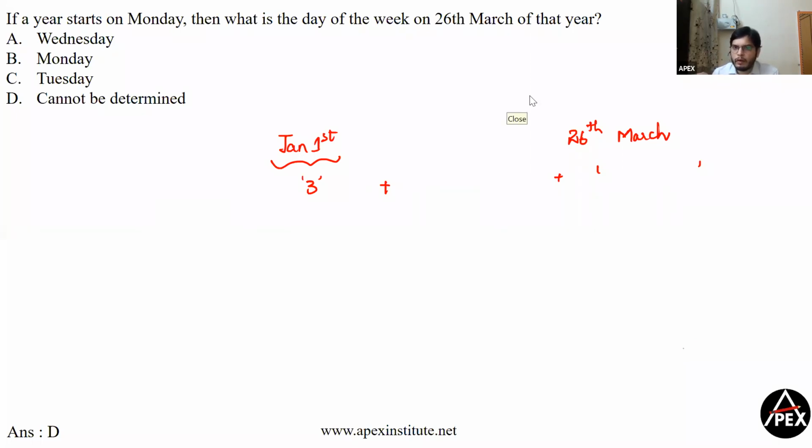What's the remainder when 25 is divided by 7? Remainder is 4. 4 odd days in March, and we have February in between. How many odd days do we have in February? It can be either 0 or 1.